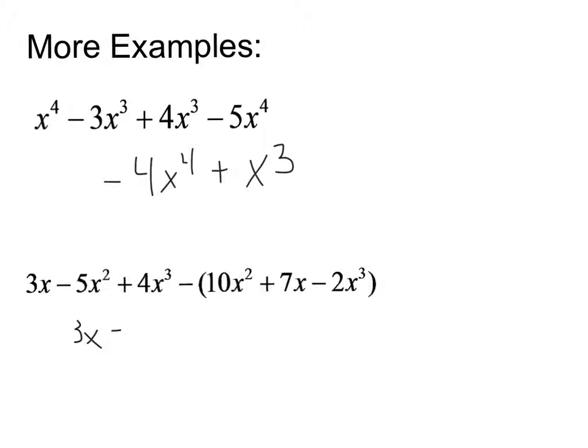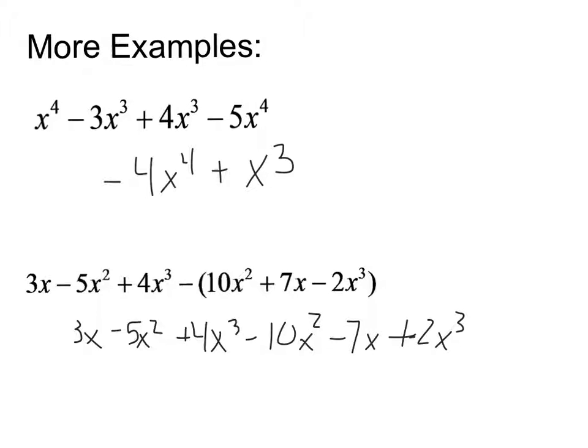So I have 3x minus 5x squared plus 4x to the third minus 10x squared minus 7x plus 2x to the third. Then I could simplify that to negative 4x, negative 15x squared, and a positive 6x to the third.